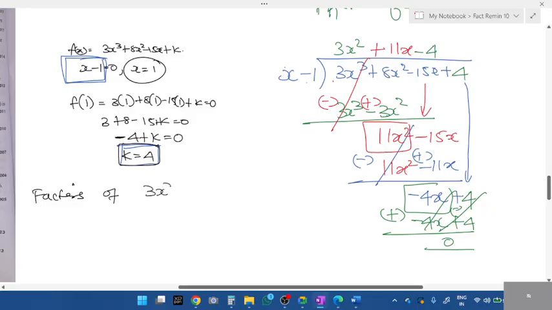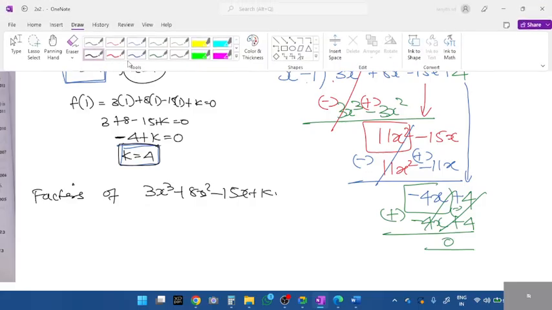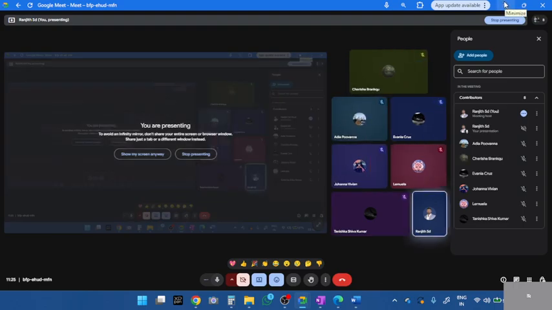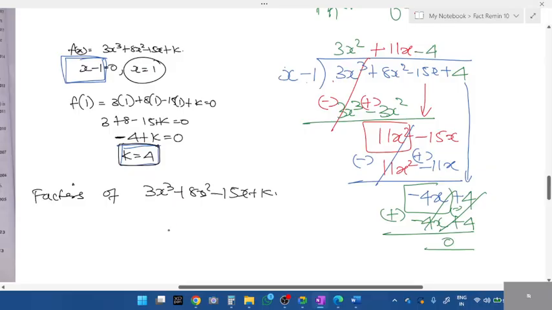Factors of 3x cube plus 8x square minus 15x plus k. Okay, done. Shall we factorize the value whatever you got?